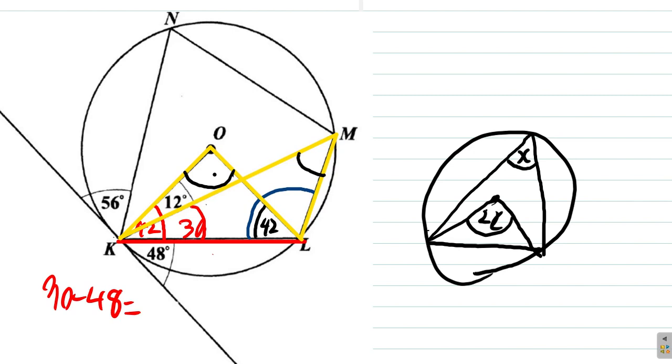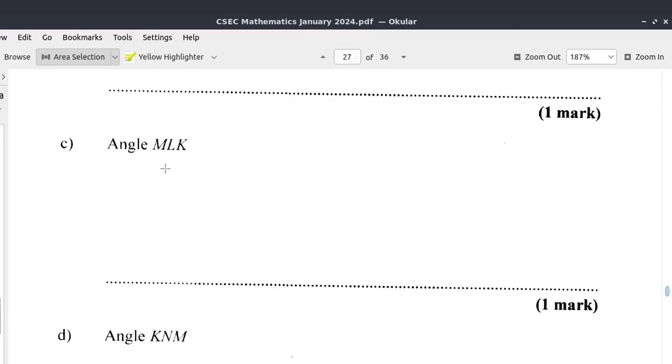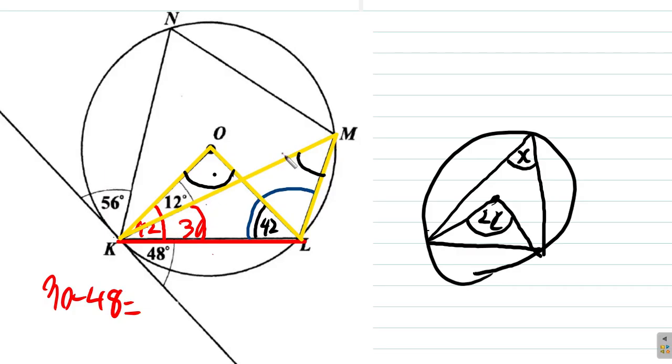Now, here, what they want is MLK. Now, here, we can find this. We're taking our time, you know. You would move much faster in exam, but we're not in exam today.